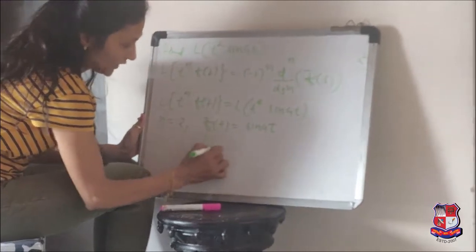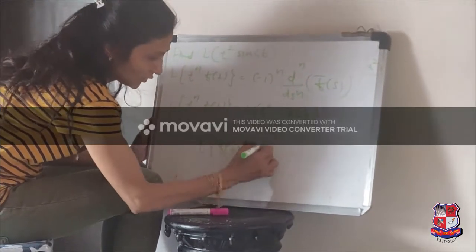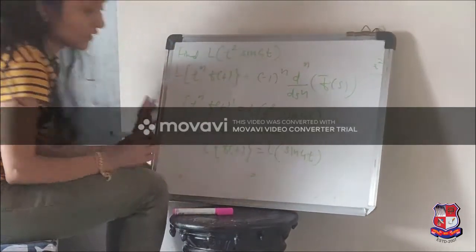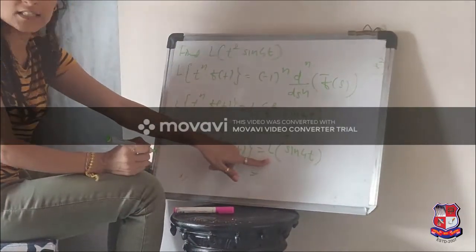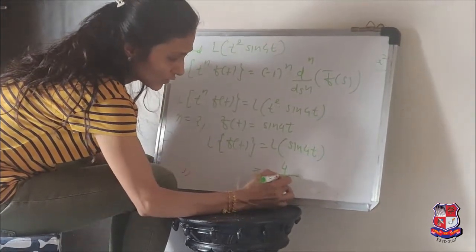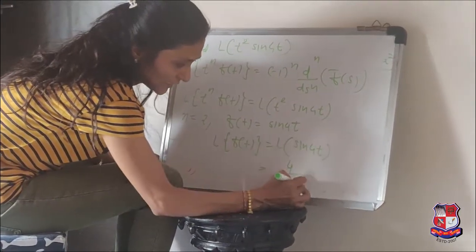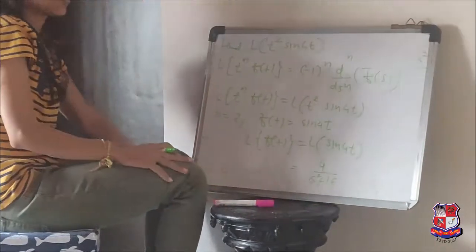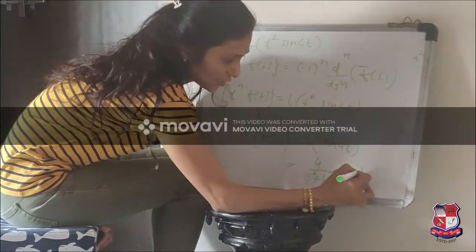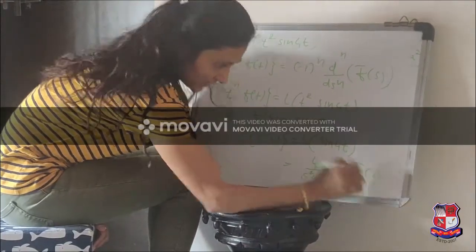L of f of t is equal to L of sin 4t. We discussed earlier the Laplace transform of sin at, which is a over s square plus a square. Here a is equal to 4, that is 4 upon s square plus 16, which is our f bar s.